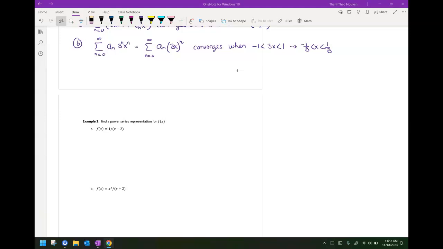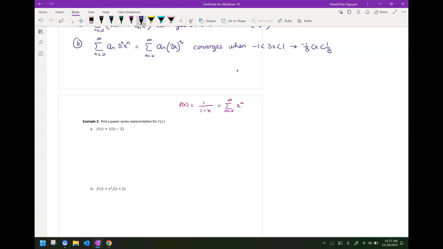We have f of x equals 1 divided by x minus 2. We're going to do this based on the fact that we know the geometric series, f of x equals 1 over 1 minus x, is the sum from n equals 0 to infinity of x to the n.